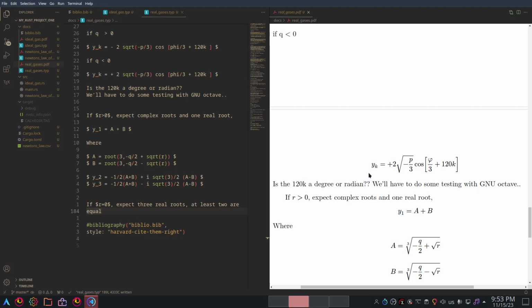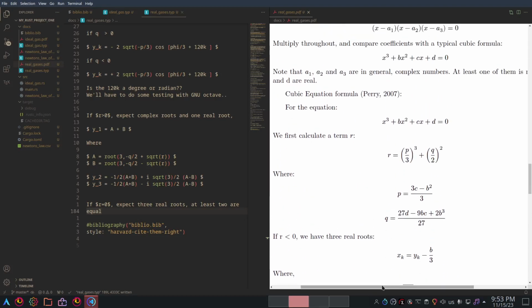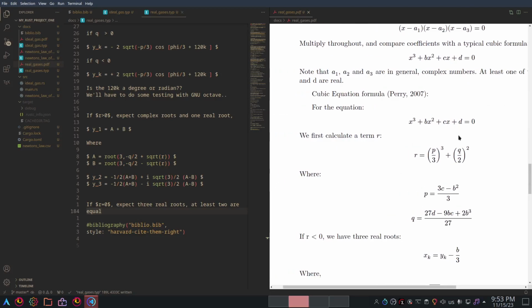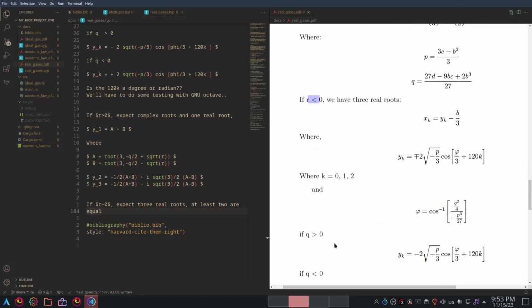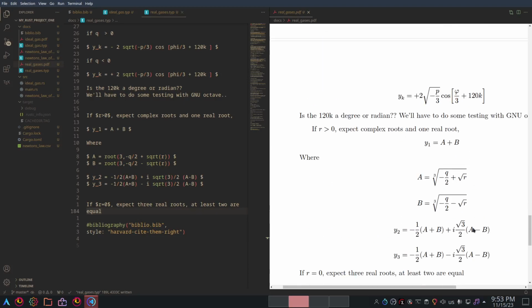Now, why am I running you through all this process? It is because you can see from the way we deal with these numbers that this R term is very important. This R term will actually determine how we solve for the roots. If R equals 0, then we solve it like that. If R is more than 0, we solve it like that.